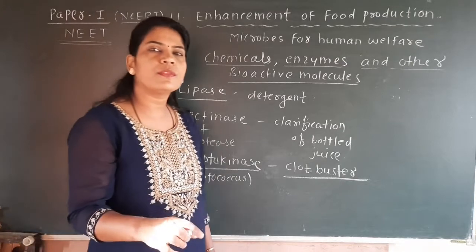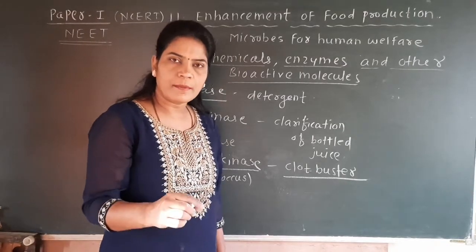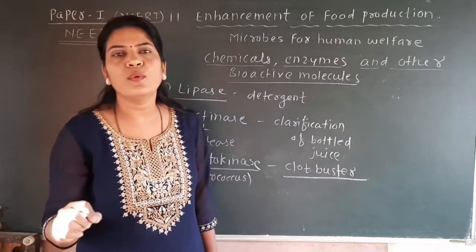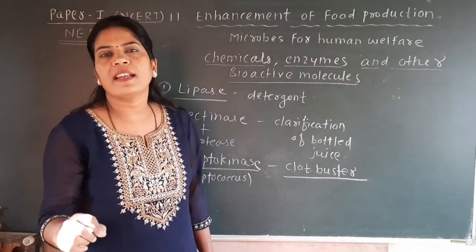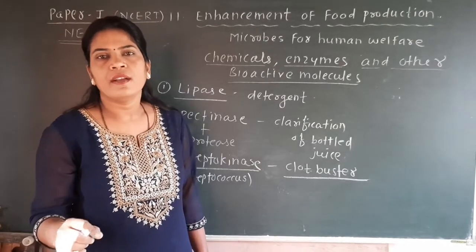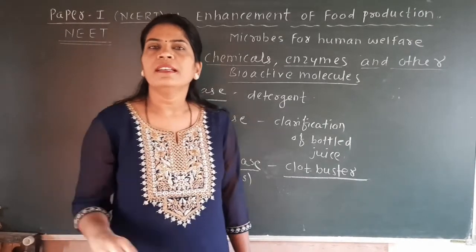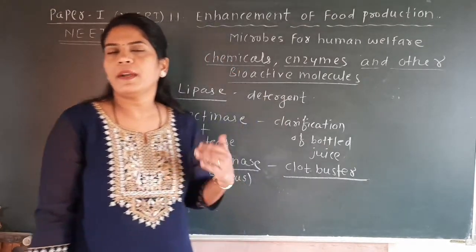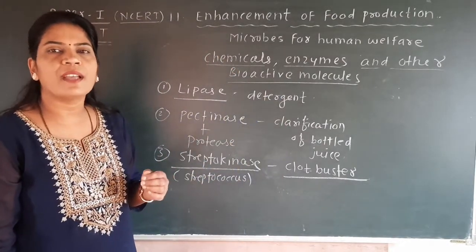The clot buster is nothing but this: there will be clots in the blood vessels of the patient who has myocardial infarction, another word for which is heart attack. So the person who has clots in their blood vessel has chances of a heart attack.